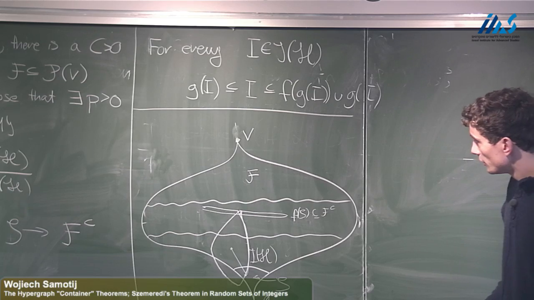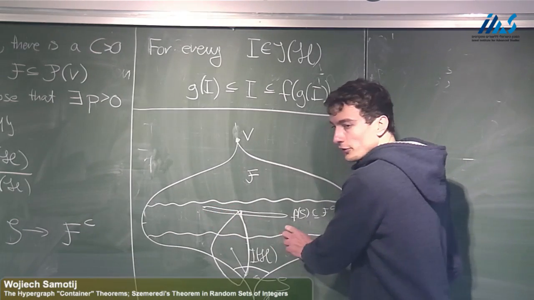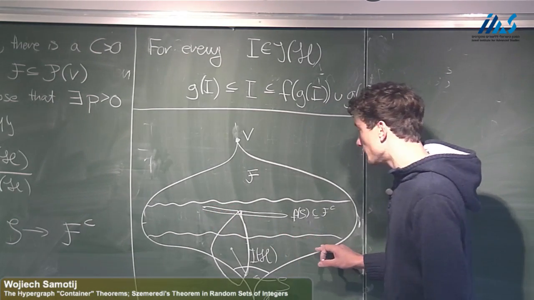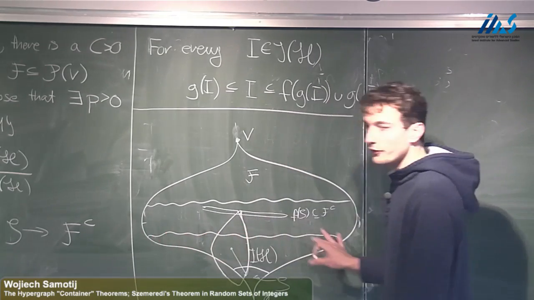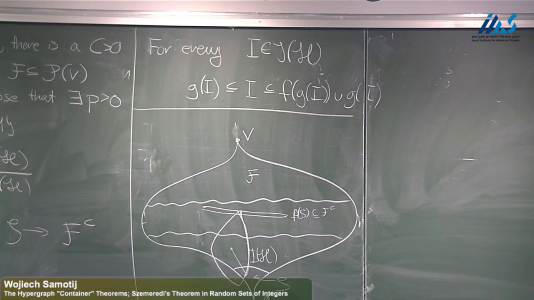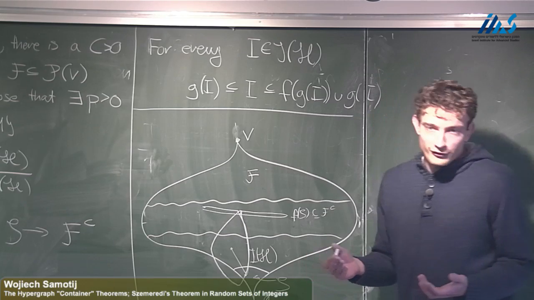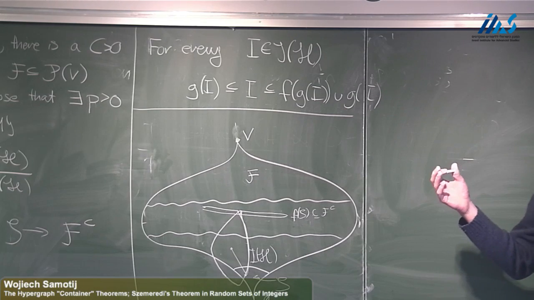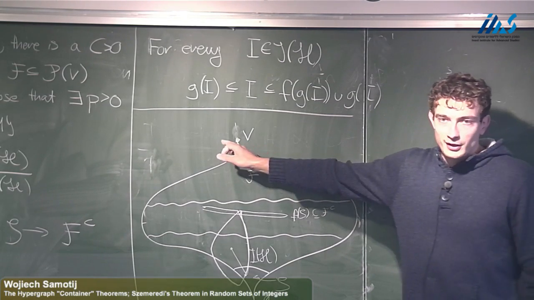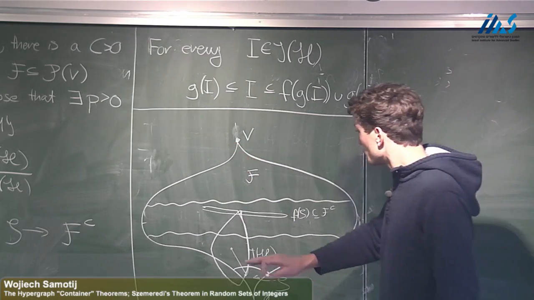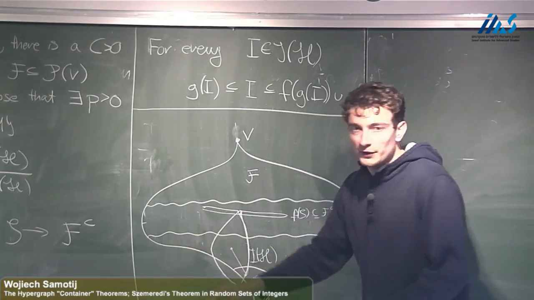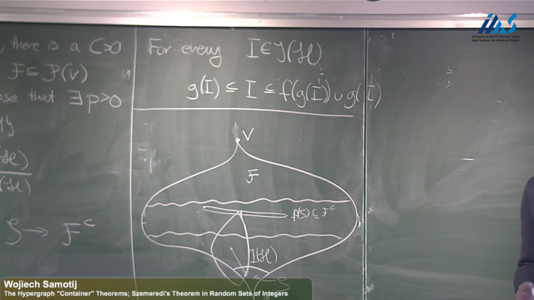So in particular, since the number of such sets is very small, it means that I can cover the entire family of independent sets with very few sets. Such a statement is not difficult because I could cover the family of all independent sets just by the set V. But what is important is that all these sets which participate in the covering contain very few edges. They're almost independent themselves.